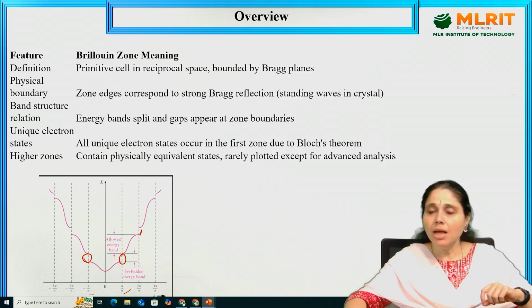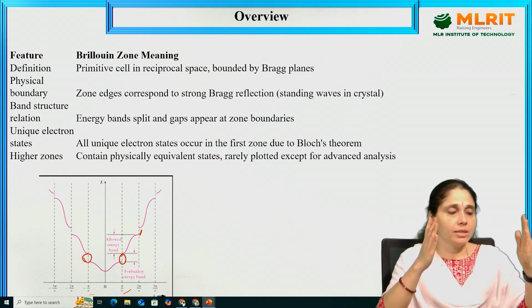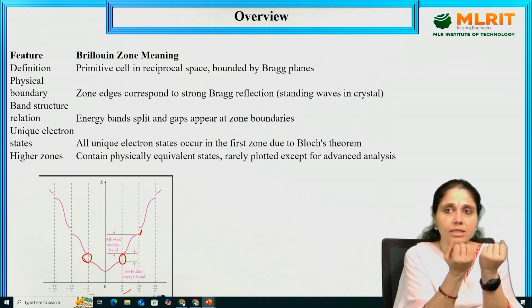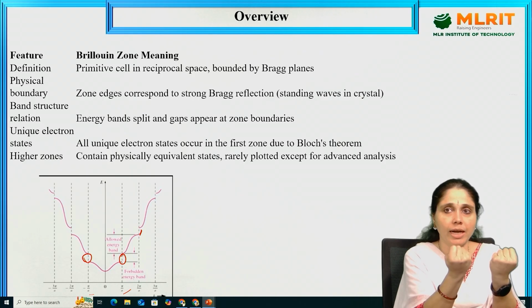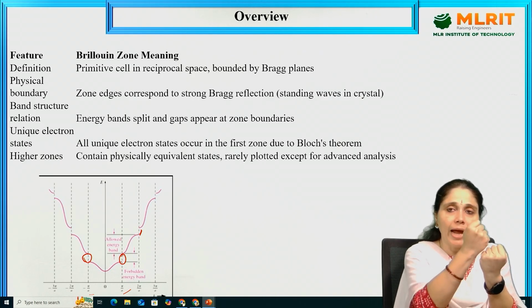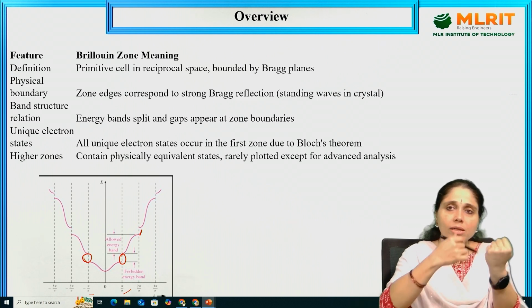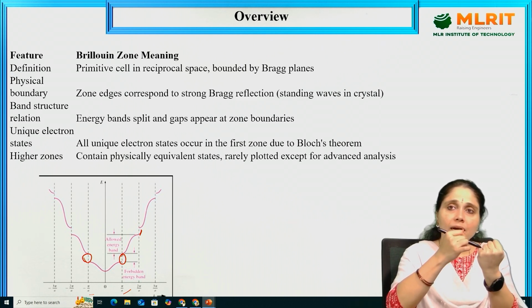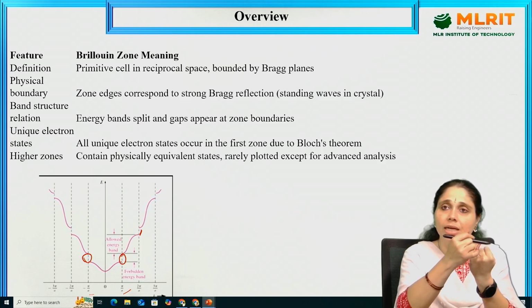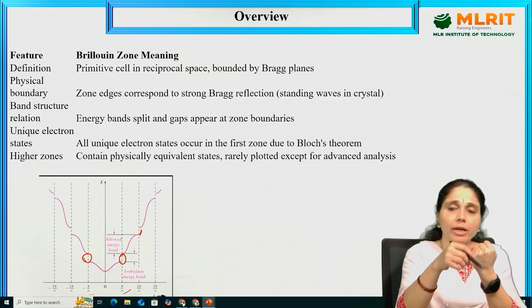For example, let us consider two atoms coming close to each other like this. An atom has a number of orbitals, where the center is the nucleus and the electrons revolve around the nucleus in a particular orbital.